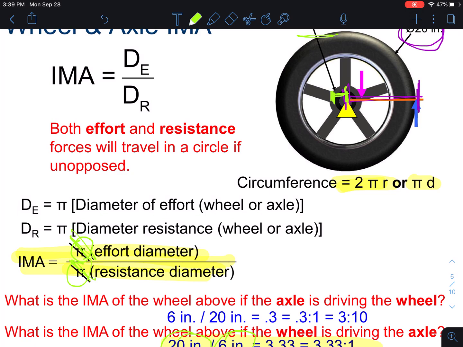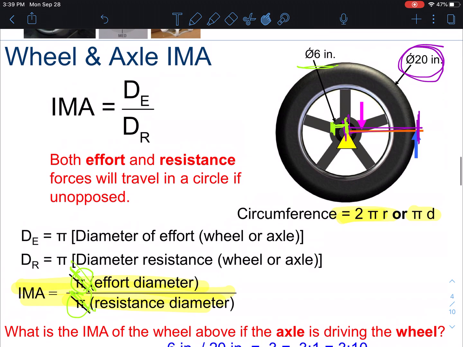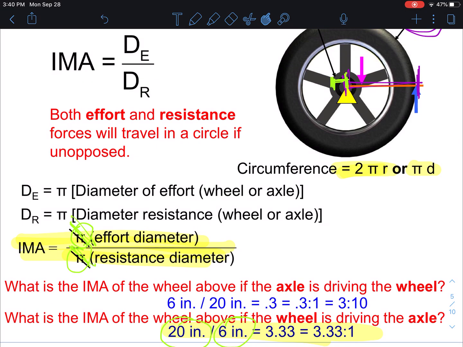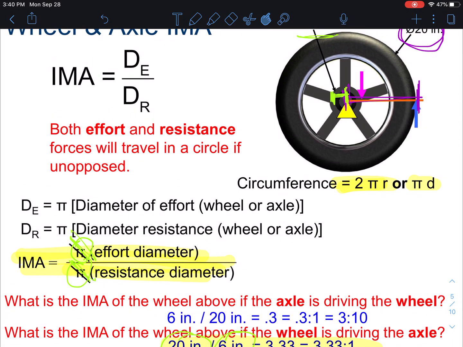In this case, we are given the radius is 20 for our effort, and our radius for our resistance is 6. So 20 divided by 6 is 3.33. This is the radius compared to the radius. If we changed it to the diameter compared to the diameter, we're talking about the radius of our wheel right here.